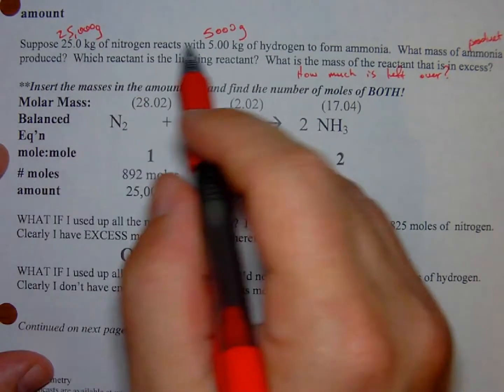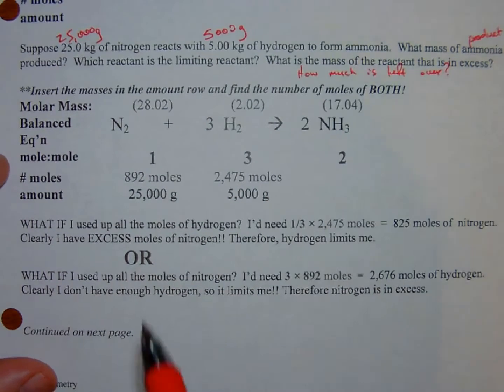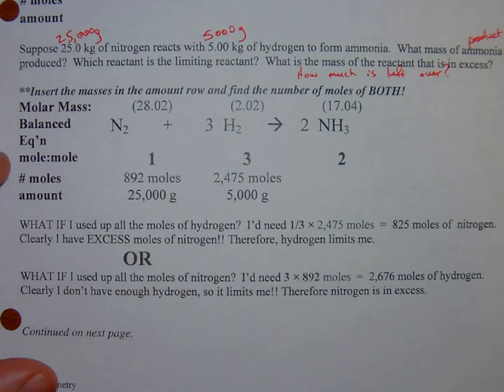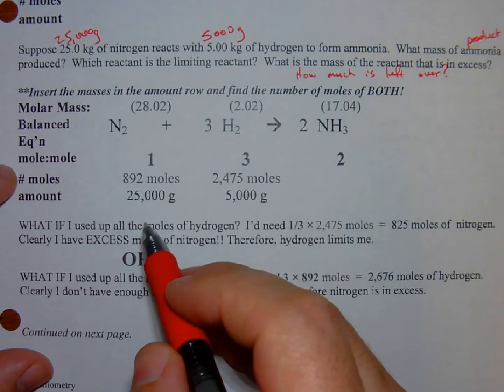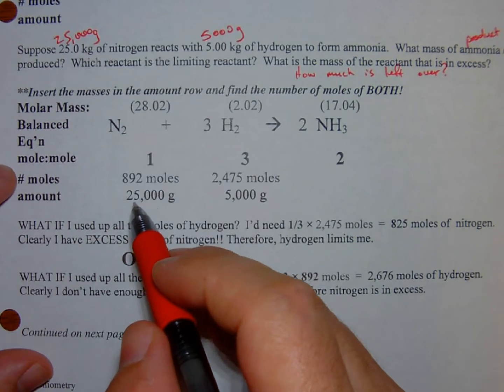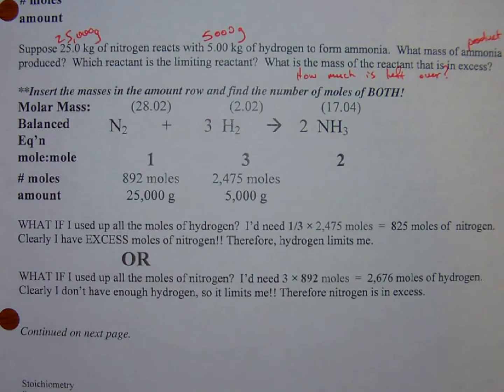So the problem has given us two masses, 25,000 grams and 5,000 grams. Insert the masses in the amount row and find the number of moles of both. Using the molar mass of nitrogen, which is 28.02, I can calculate that 25,000 grams of nitrogen is 892 moles of nitrogen. My calculator has disappeared, so let me get that booted back up. Sorry for wasting your time here.